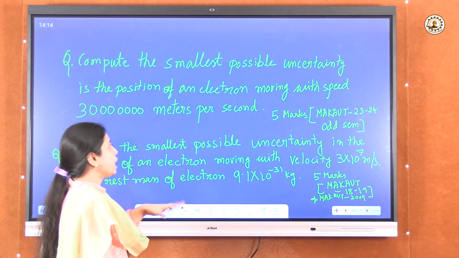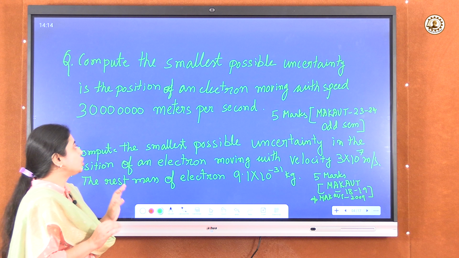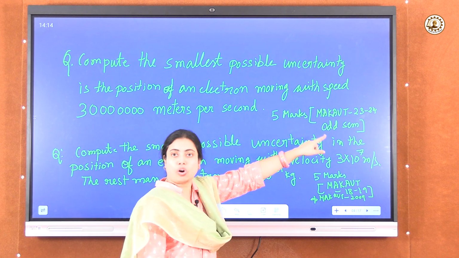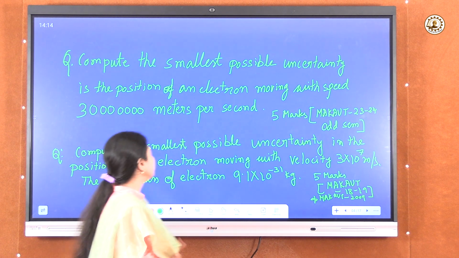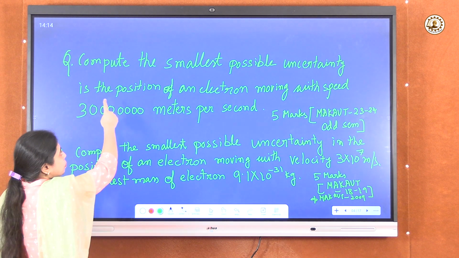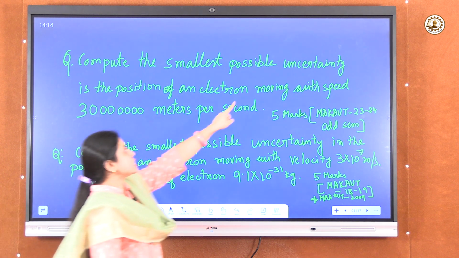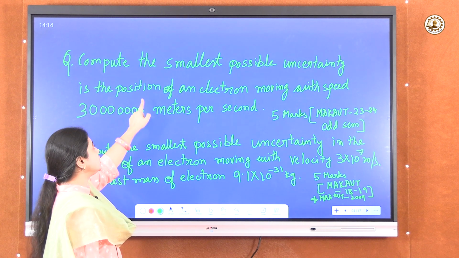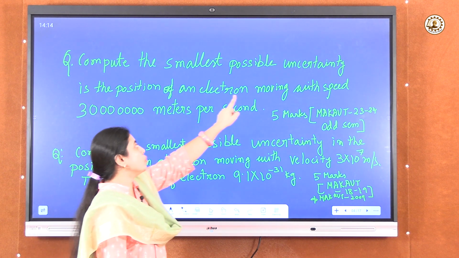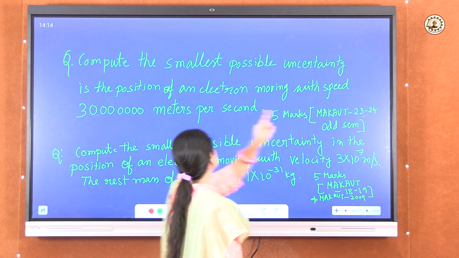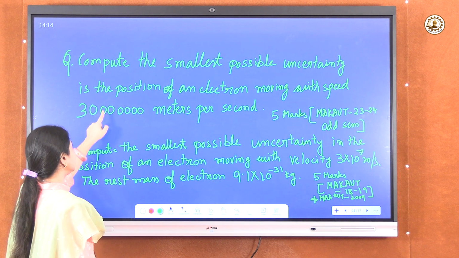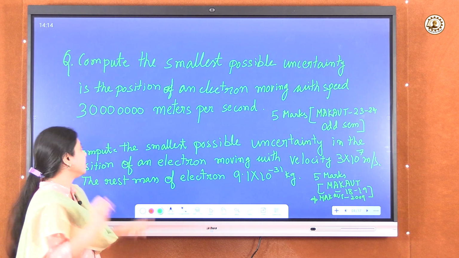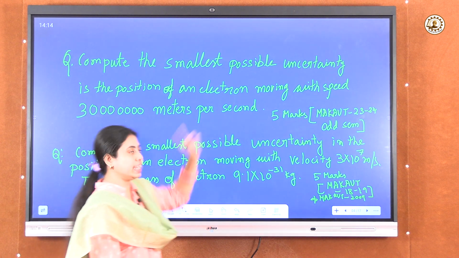Next we will see a numerical problem which came in MAKAUT 23-24 odd semester. Marks is 5. Question is, compute the smallest possible uncertainty in the position of an electron moving with speed 3,000,000,000, meaning after 3, 7 zeros are there, meters per second.